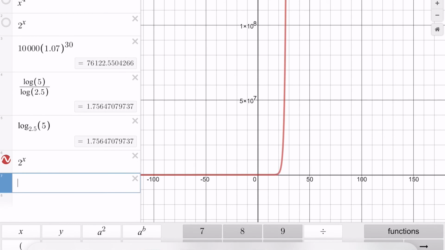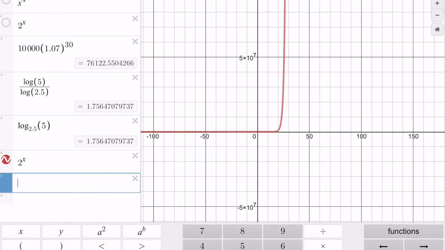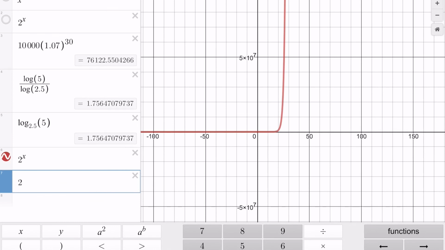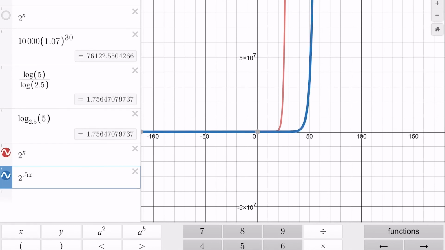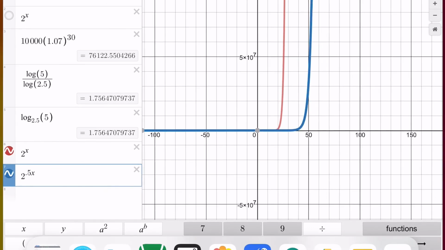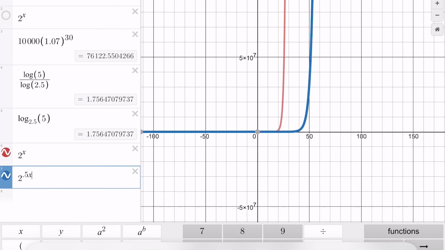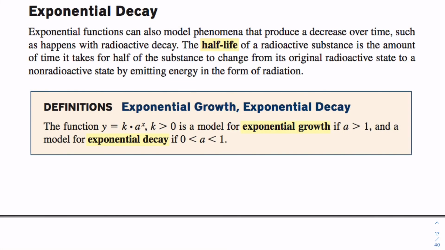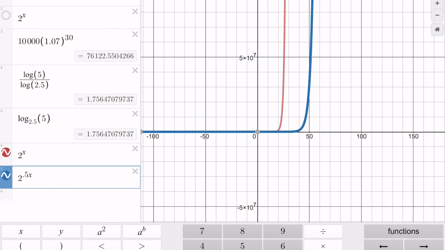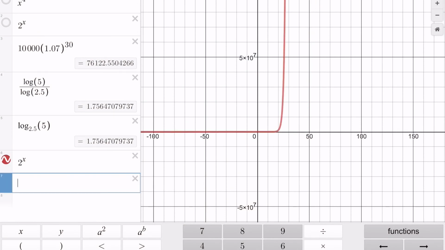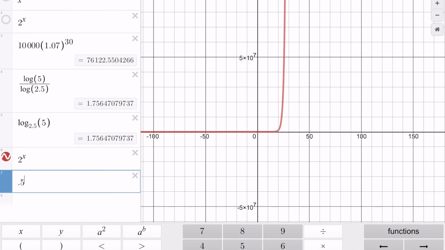And then if we do 2 to the 1/2 x. I'm sorry, I'm putting in the wrong numbers. When a is greater than 1, here we have 2 to the x versus 0.5 to the x. Let me fix that, my apologies.